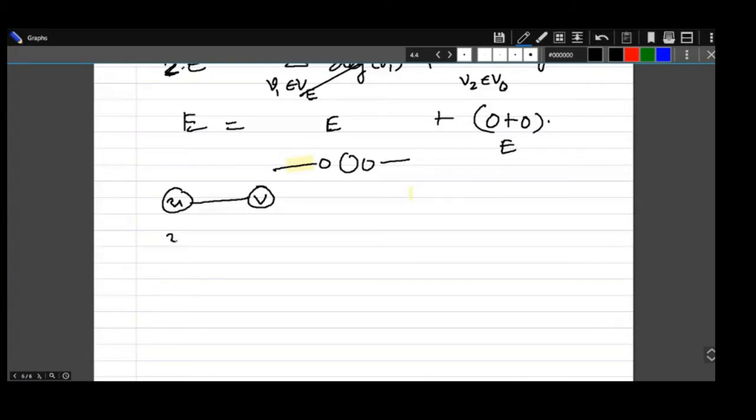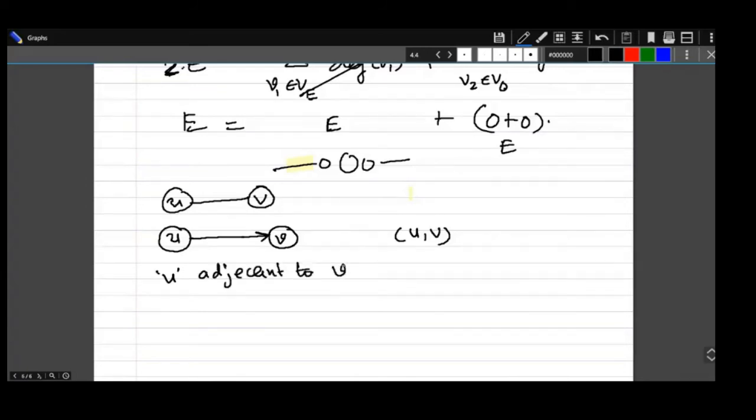But in a directed graph, when you have an edge coming from U and going to V, so when (U, V) is an edge in the directed graph, then U is said to be adjacent to V.